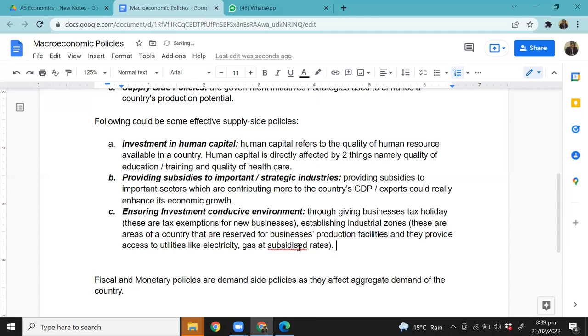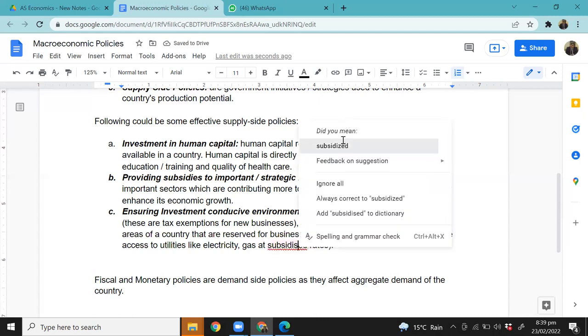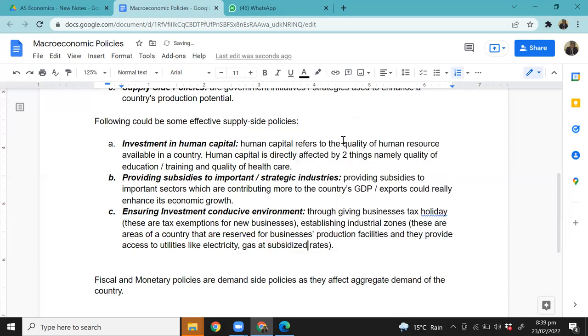Okay, now what are industrial zones? Industrial zones are these areas reserved for businesses. Most of the times, these are areas reserved for factories, not just offices, but for factories. Sometimes it could be offices, could be mixed, right? So these industrial areas are outside major cities, as you can imagine.